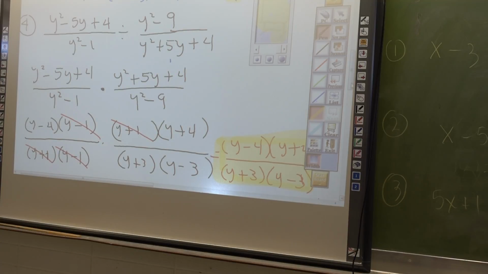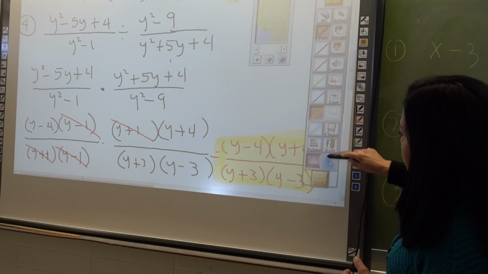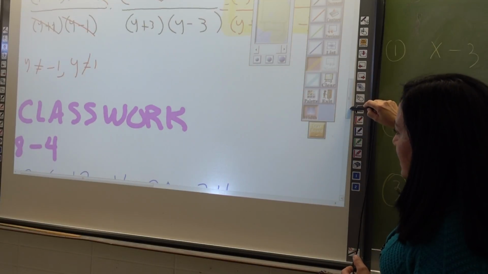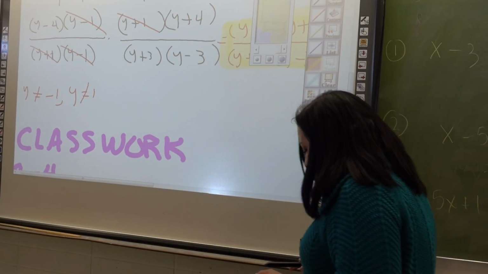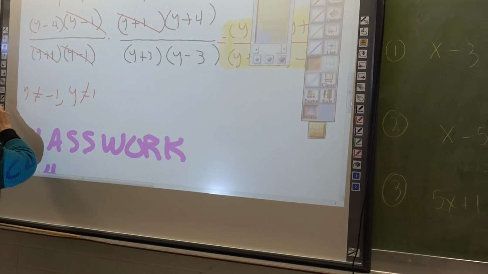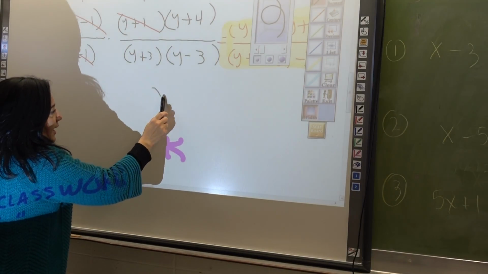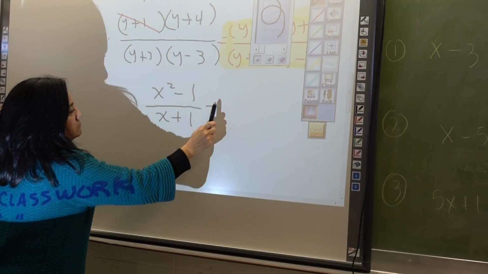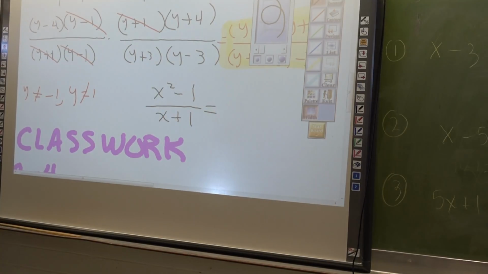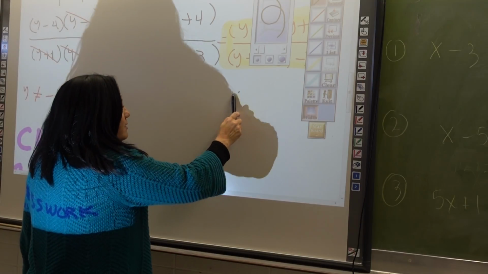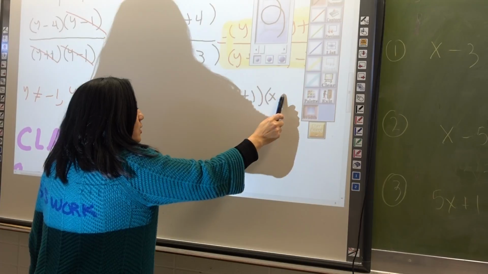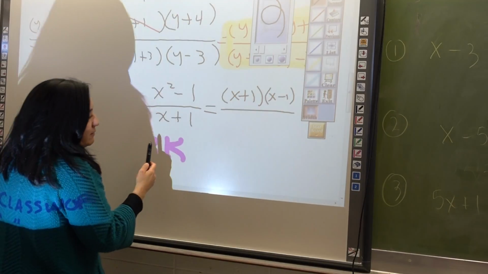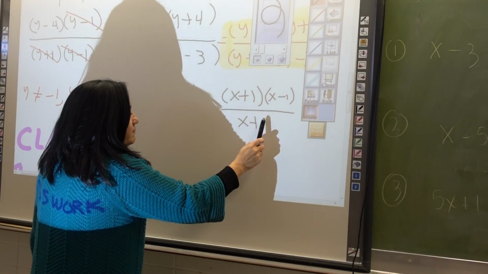If I have, for example, x squared minus 1 over x plus 1. Let's say I'm going to work with this one. I have x plus 1, x minus 1 here, and I do x plus 1 here.